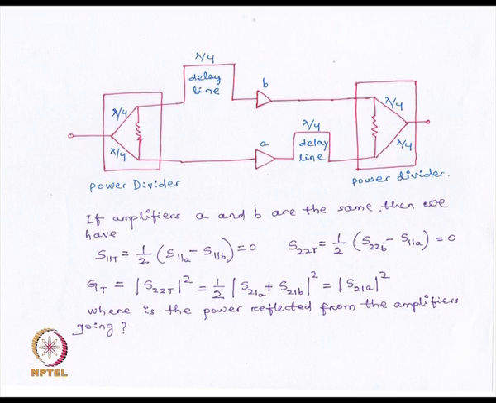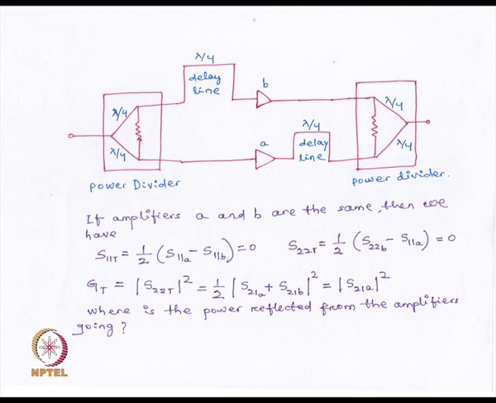When I say always, you might be thinking I mean infinite bandwidth, but it's not infinite, but a very broad band, provided of course we have perfect matching between the amplifiers, between the power dividers and between the delay lines. It can also be shown that the total gain of this amplifier is equal to S21 squared, or the gain of any one of the two identical amplifiers.